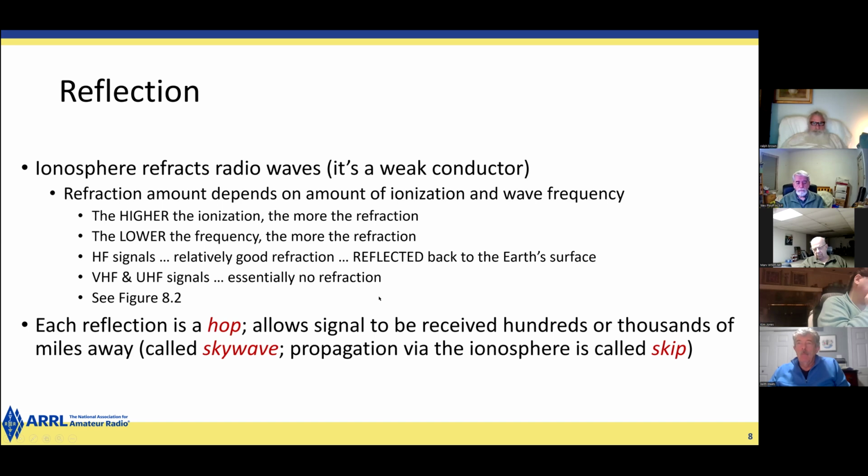Each reflection from Earth to ionosphere and back to Earth is called a hop. The path through the air and through the ionosphere is called a skywave, and propagation via the ionosphere is called skip.